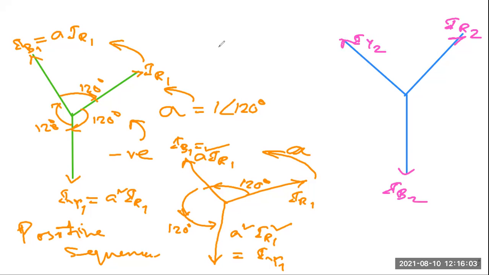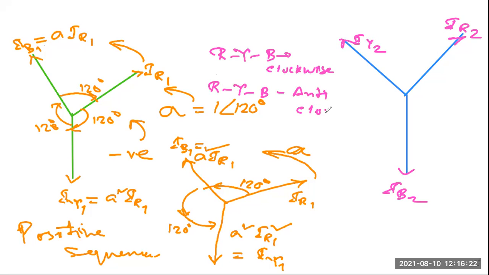In positive sequence, phasor rotation is RYB, that is clockwise, IR, IY, IB. In negative sequence this will be RYB in anti-clockwise. So this is applicable for this one and this is applicable for this one. Okay, IR2, IY2 and this is IB2. Is it clear now?